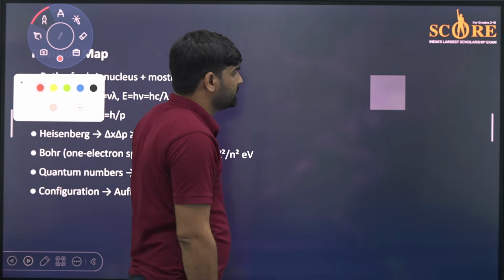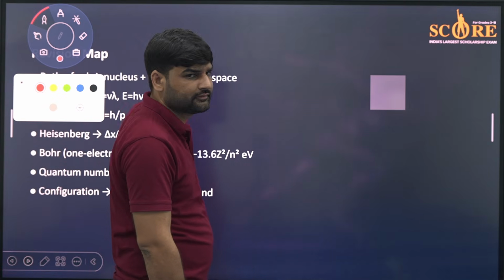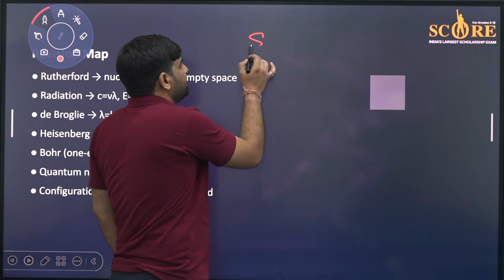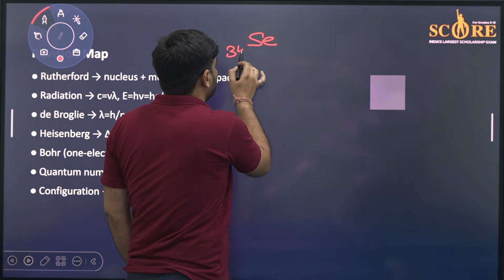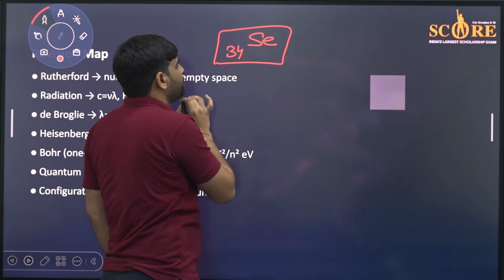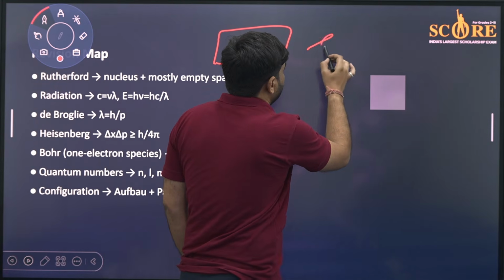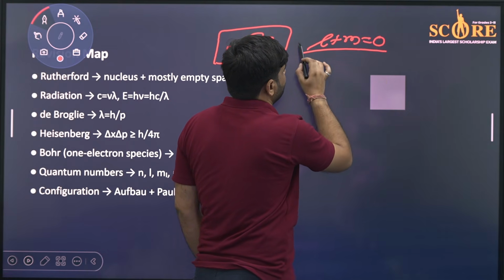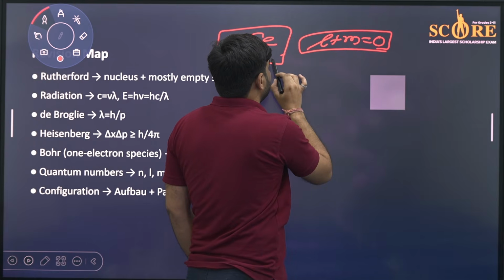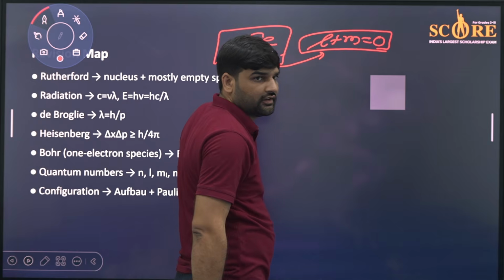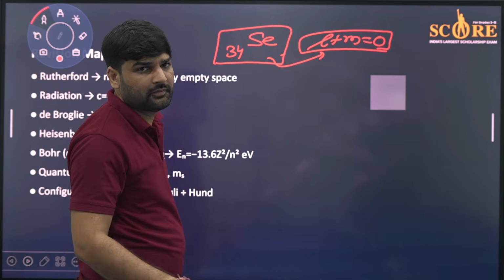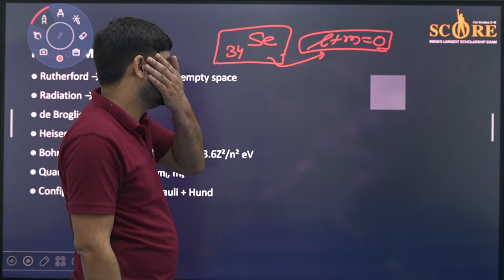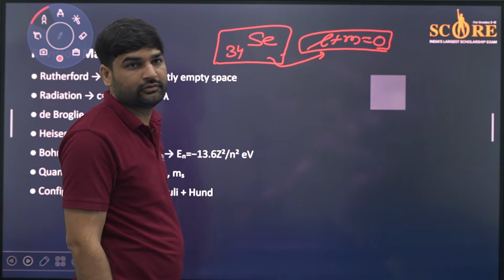Now, next question is: in selenium, Z 34, you have to find the minimum and maximum number of electrons which satisfy the equation L plus M equals 0.